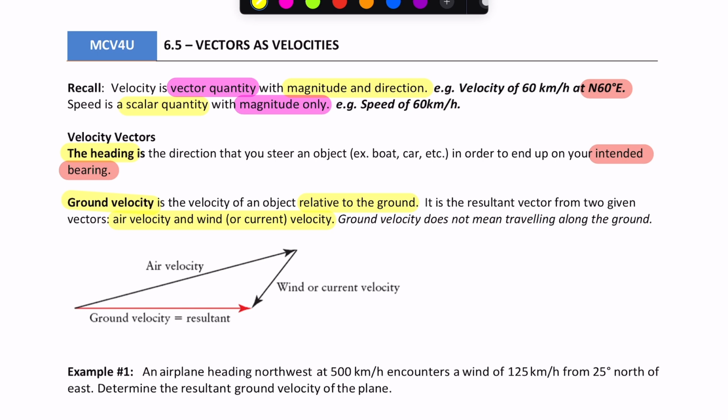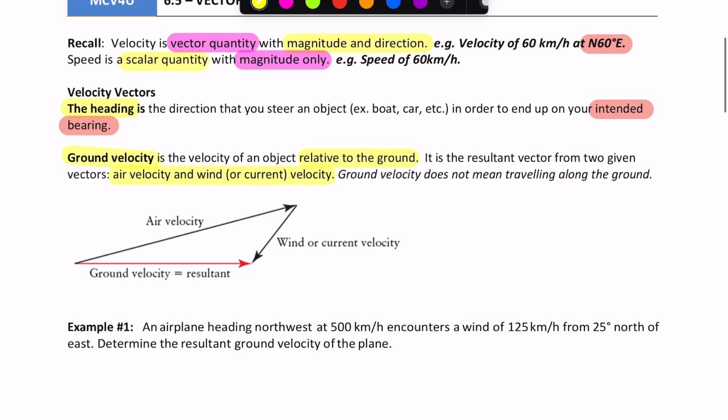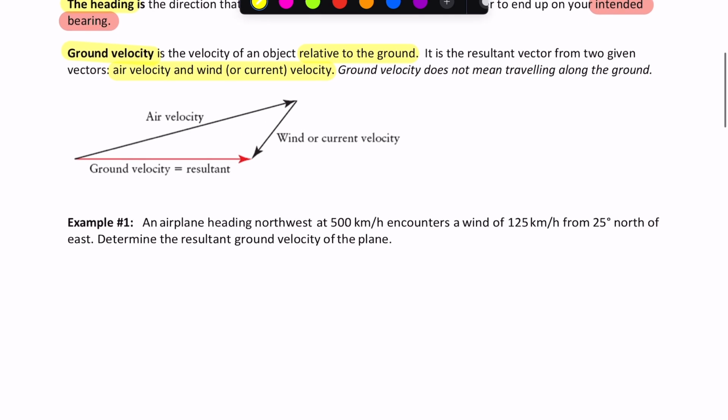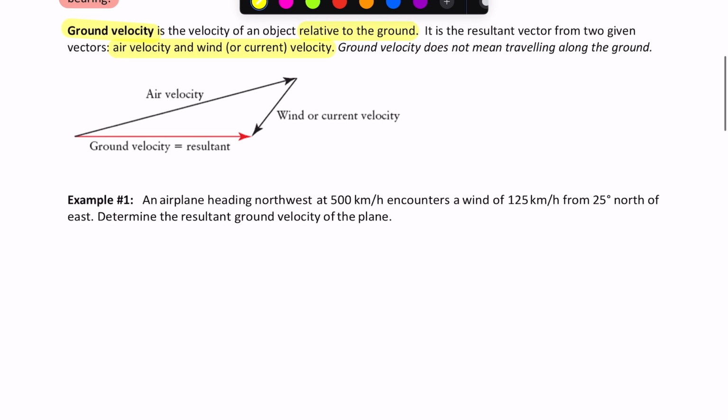Here we're provided an example. We have a vector for air velocity, a vector for wind or current velocity, and then our resultant vector, which is our ground velocity. The example says an airplane is heading northwest at 500 kilometers per hour, and encounters a wind of 125 kilometers per hour from 25 degrees north of east.